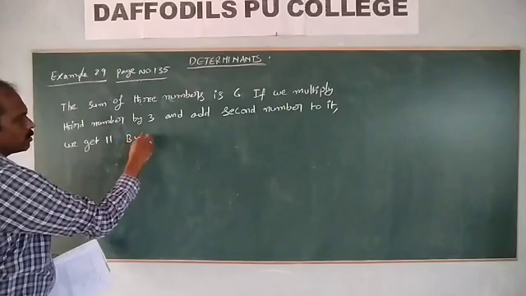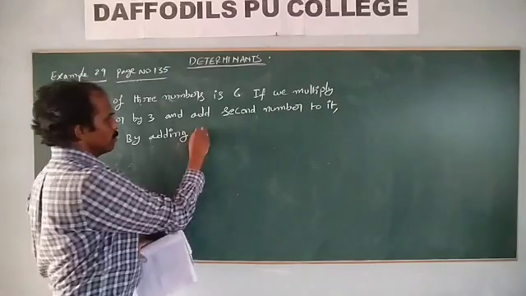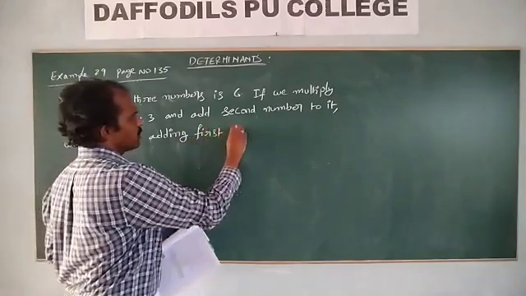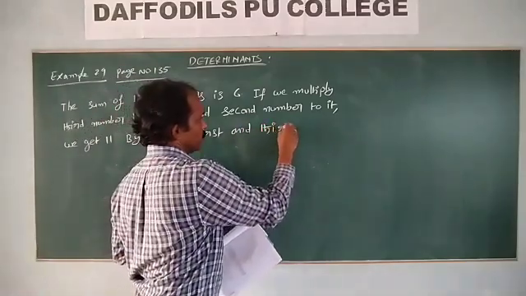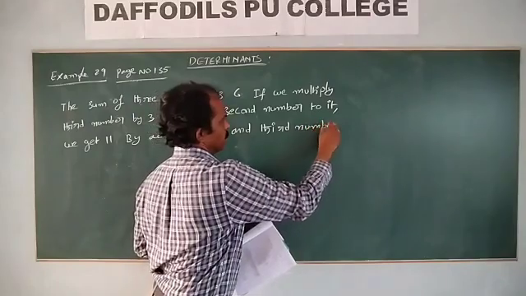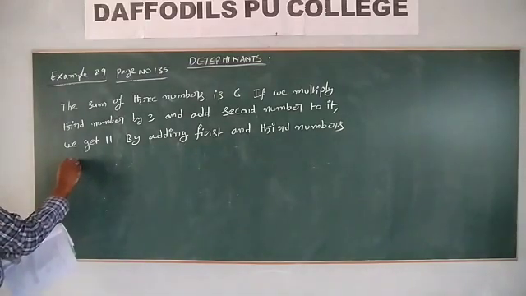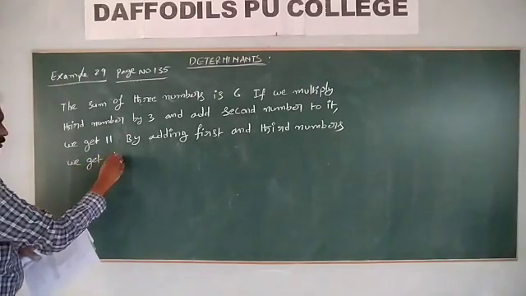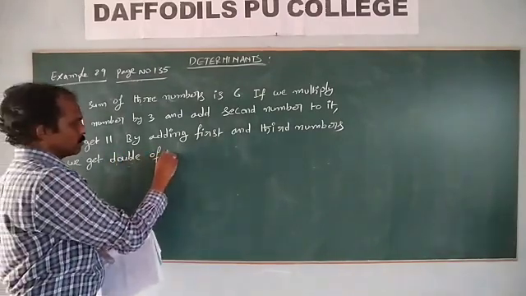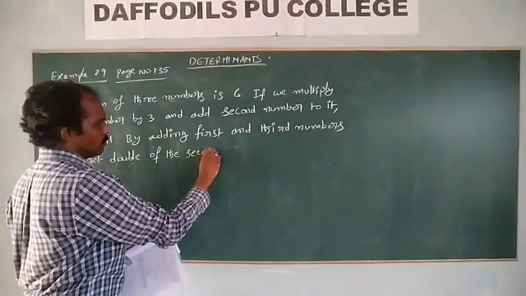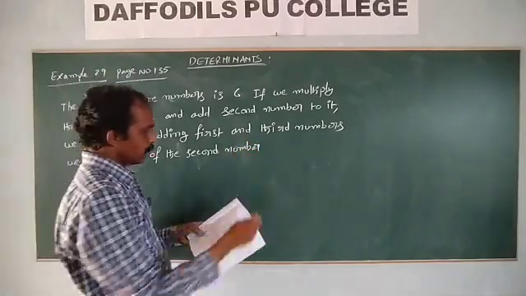By adding the first and third numbers, we get double of the second number.